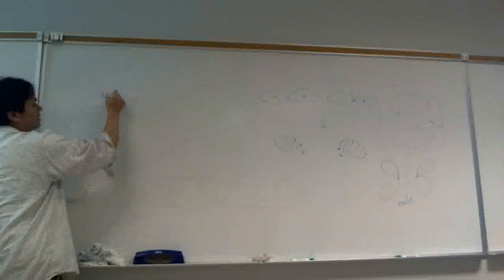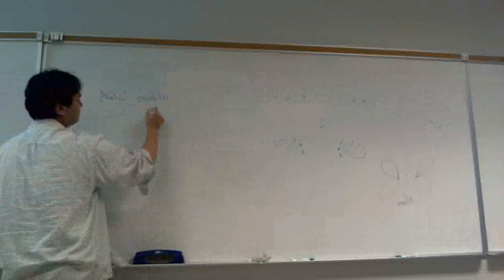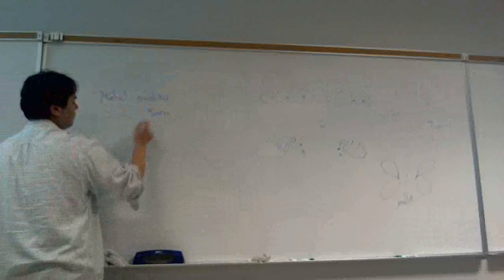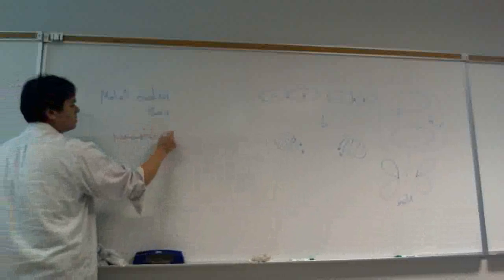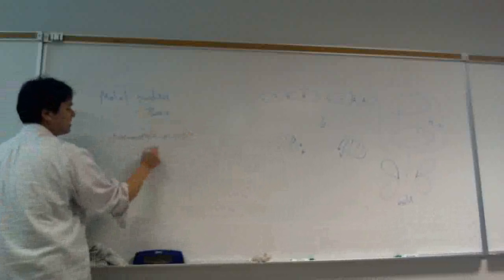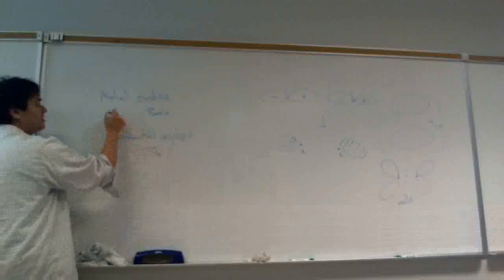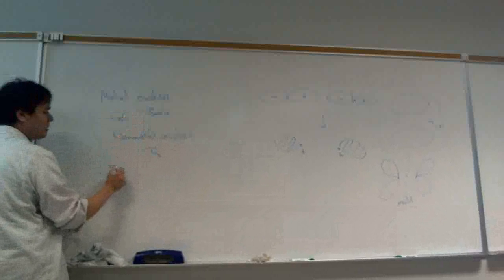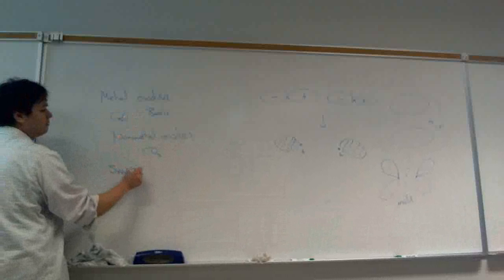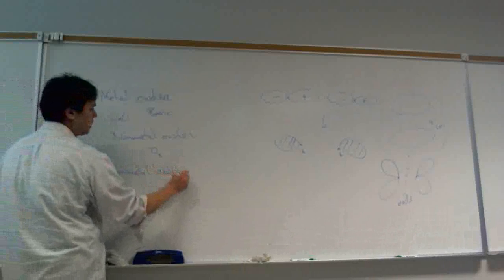And so metal oxides are basic. Non-metal oxides are acidic. I only talk about non-metal oxides like CO2. CO2 is an acid. Calcium oxide is a base. And then semi-metal oxides are in the middle. Yeah, those are amphoteric.